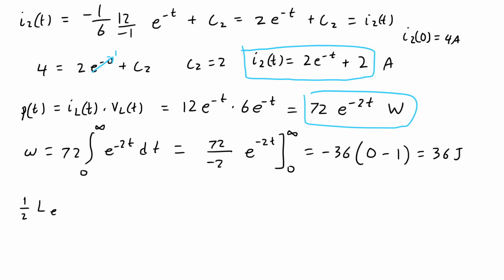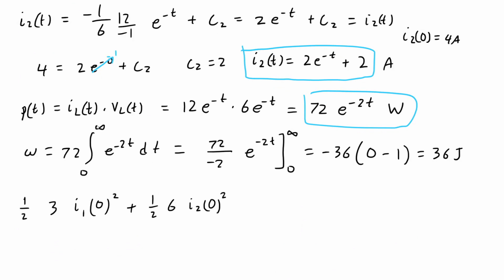Let me just say L_EQ, I guess, and then the initial current squared. Let me actually write it in: let's do I1(0). L1 is the 6, I believe. That's the 3. Okay, so 3. And we're going to add them both up.